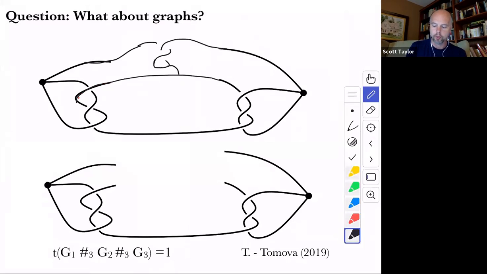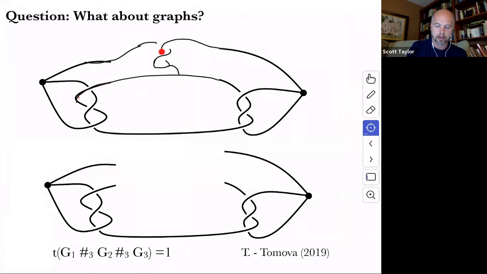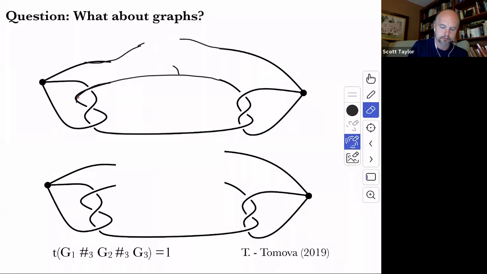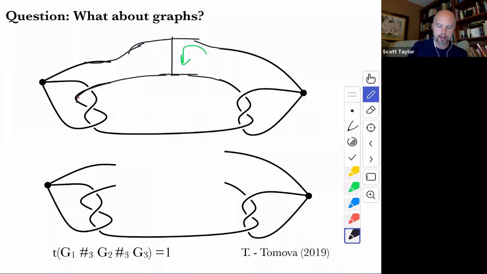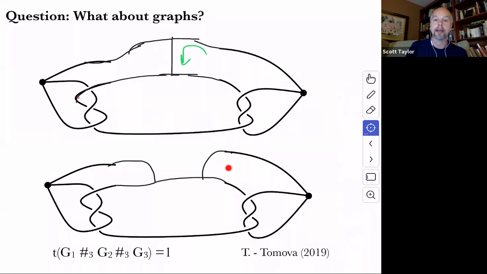But then we can just untwist this bit. And you end up with this picture. You can then do an edge slide going down there, and you get that picture. And then you can do edge slides and isotopies here to untwist all that, and edge slides and isotopies there to untwist all that.